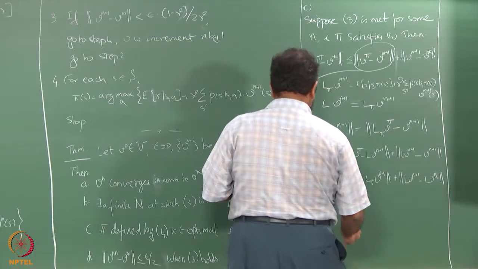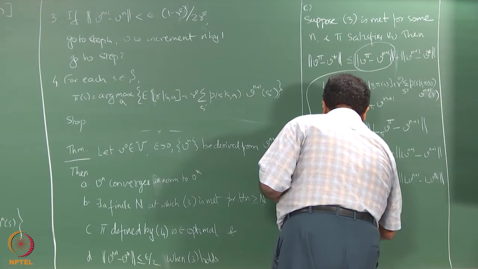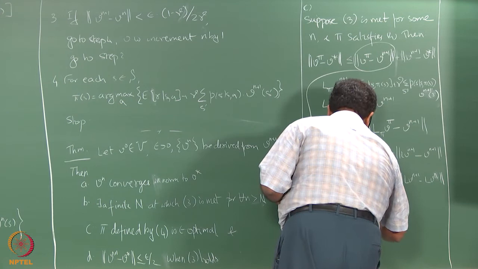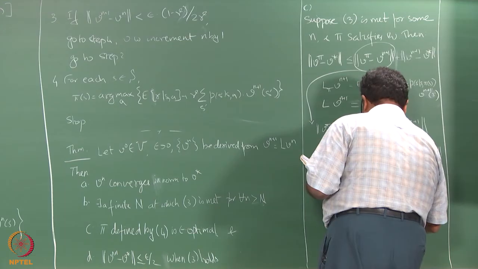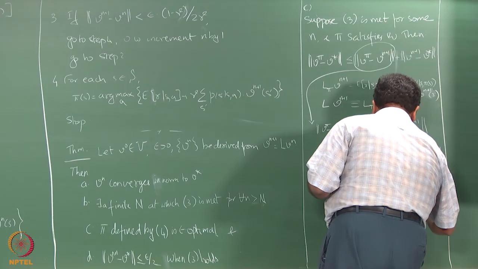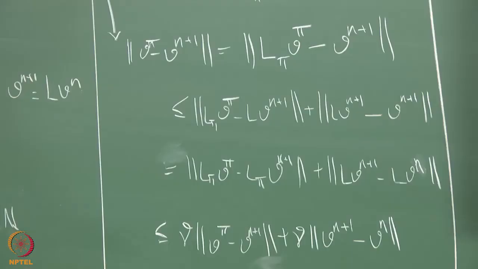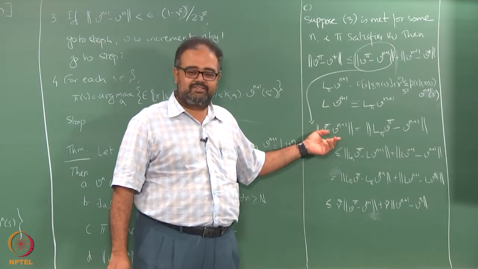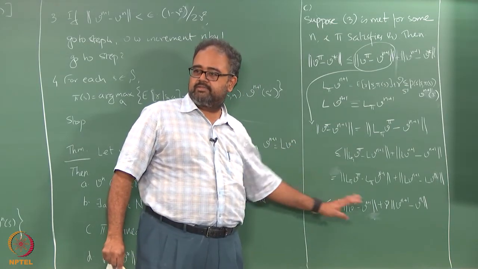Now I can simplify this. I have V pi minus Vn plus 1 here, and V pi minus Vn plus 1 here, so I can take it to that side and simplify things.